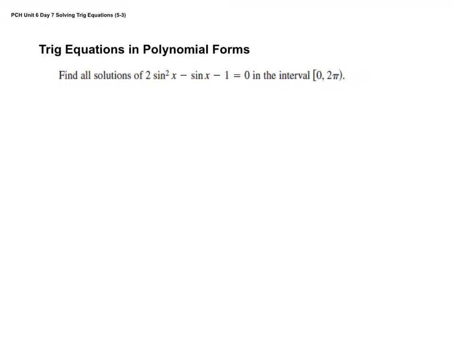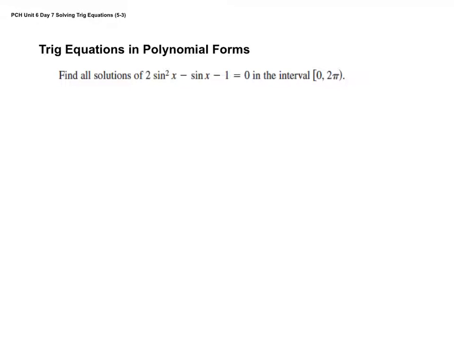You can solve this the same way you would 2y squared minus y minus 1 equals 0. The only difference is instead of y's, we have sines of x. So there's going to be an additional step at the end using that inverse trig function. But the first thing we want to do here is figure out what sine equals.